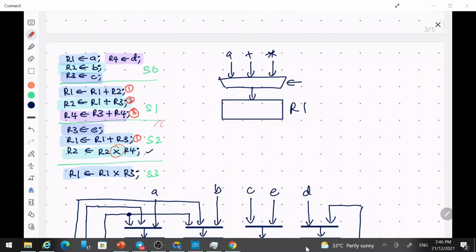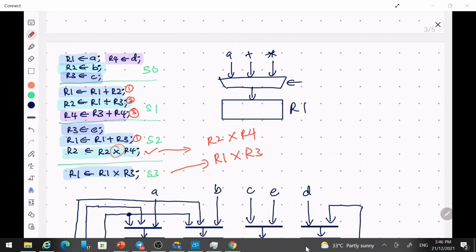Where is the multiplier? Yeah, this is the one, and also this one. For this one, we have R2 multiplied by R4, and for this one, R1 multiplied by R3.